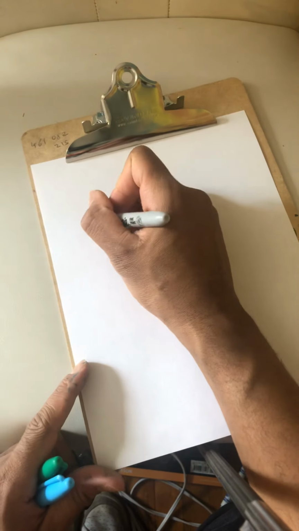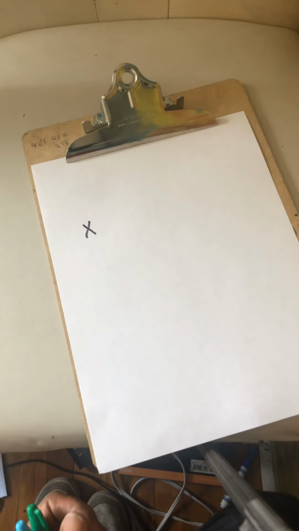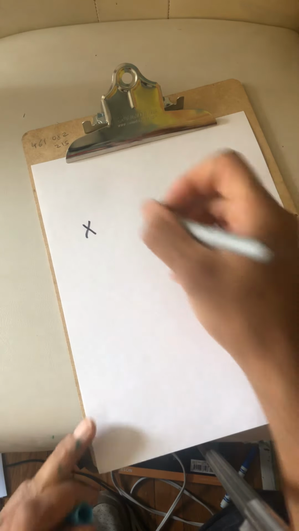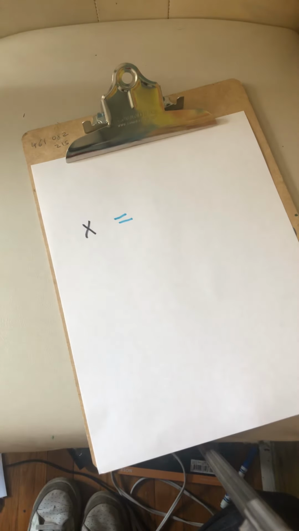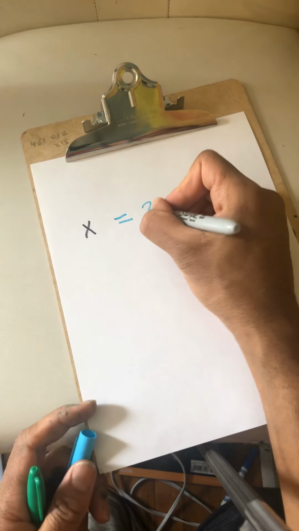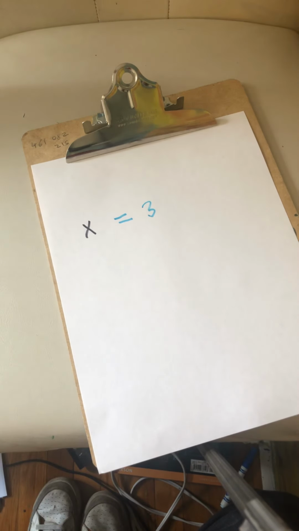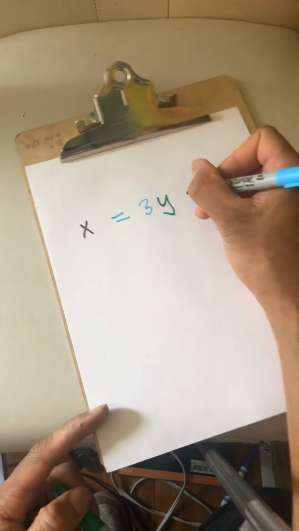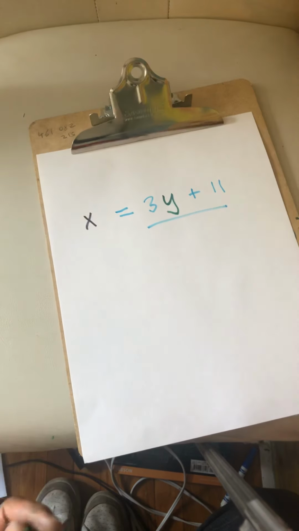So now my green y becomes that black x. So now I have x is equal to 3y, my green y now, plus 11 over, what I used to have here was x, now I have y.